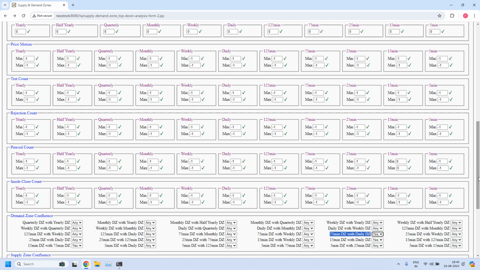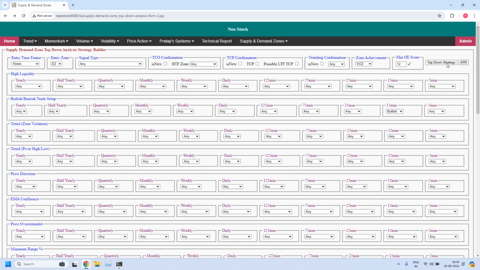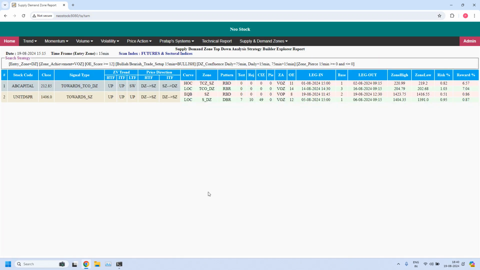So all the three are selected. Let's verify. So from 9 only 2 stocks are currently supporting even HTF confluence. So 15 minutes, 75 minutes and the daily zones are having confluence in these two stocks. It is demand zone confluence.